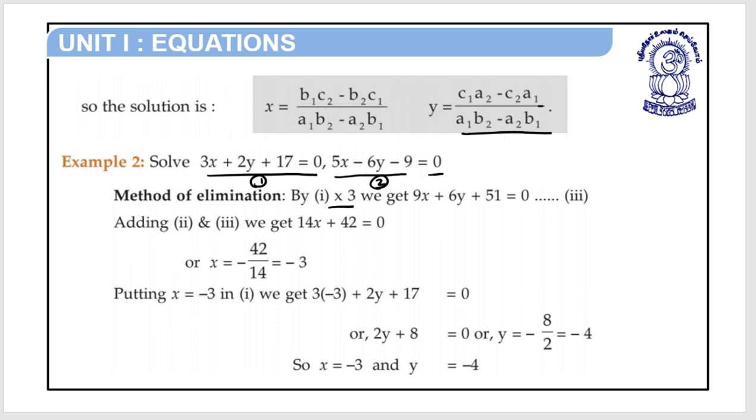So we get 9x plus 6y plus 17 into 3, 51 is equal to 0.